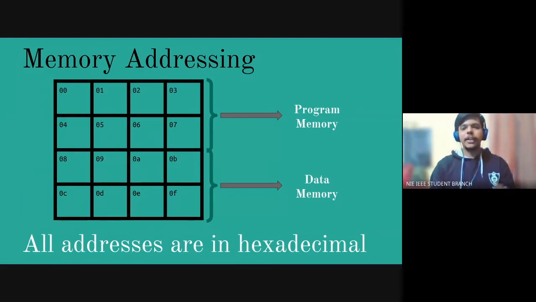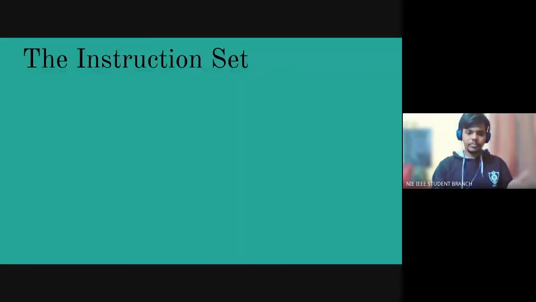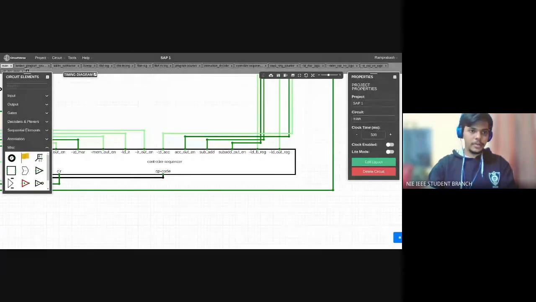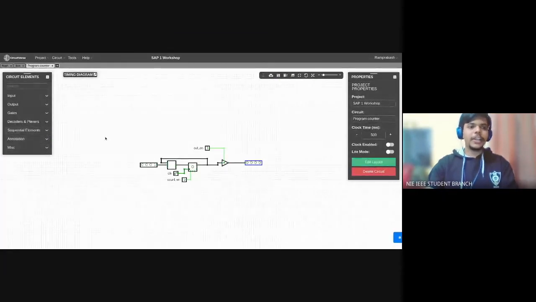So now that that is out of the way, let us actually build it. I want you guys to get back to your circuits now. Lucky for you, there's already a pre-built block for ROM in Circuitverse, so that's very convenient. Just refresh.